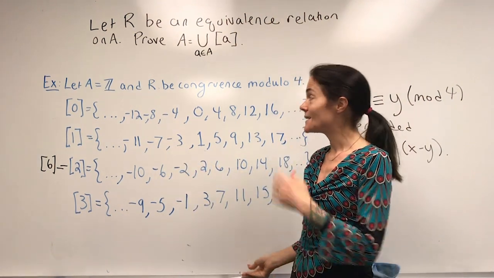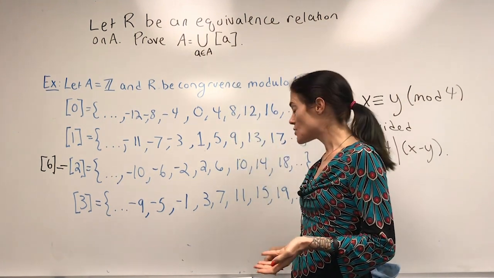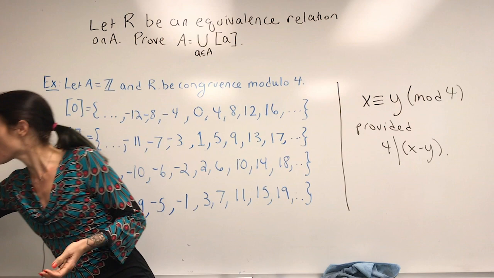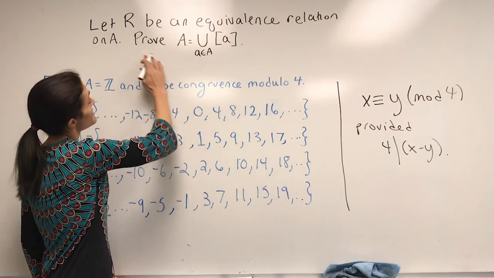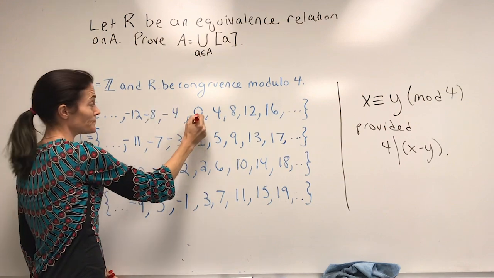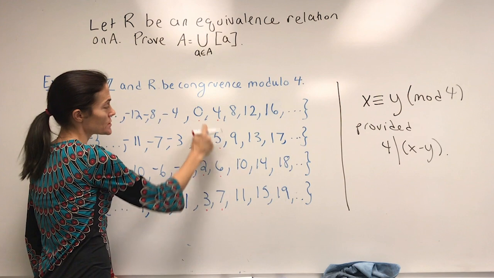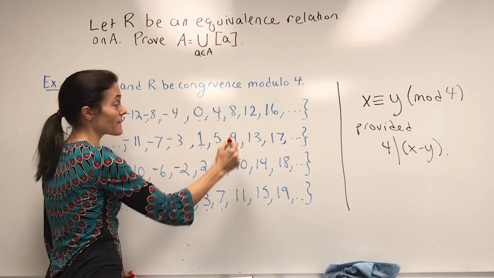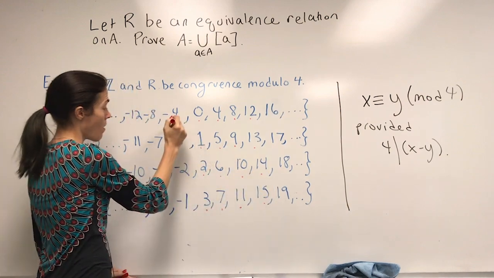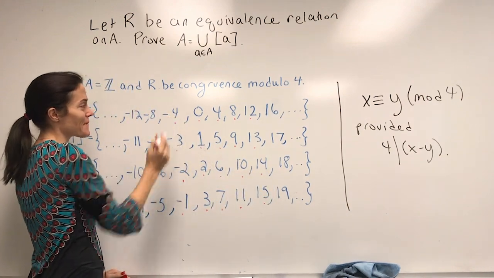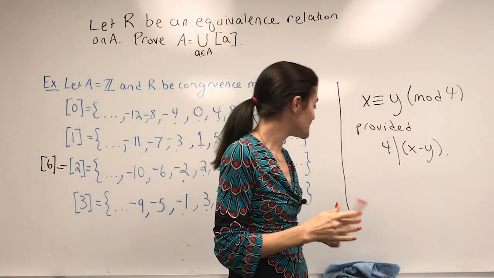Okay, but now to what this theorem says, you can see here, to see that you get all of the integers, you see here's 0, 1, 2, 3, 4, 5, 6, 7, 8, 9, 10, 11, etc. Minus 1, minus 2, minus 3, minus 4. You could fill out the whole integers with these classes.